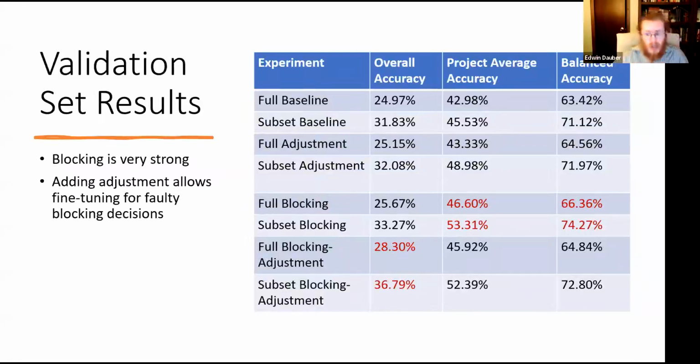Our results show us that blocking is very strong and that adding adjustment allows some fine tuning. That's why for overall accuracy, we do our best with blocking adjustment. Although for product average and balanced accuracy, which are both always much higher, we do better with just blocking.